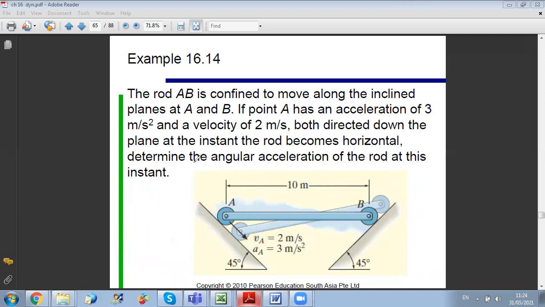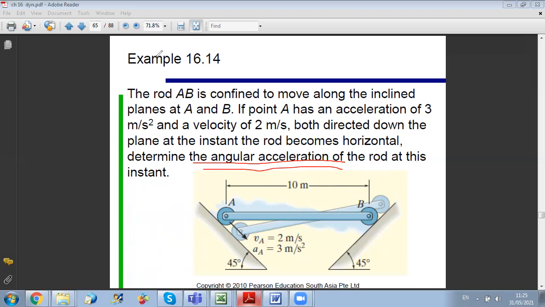Now we will move to determine the angular acceleration of the rod. So always, even if they don't ask you for omega, you cannot calculate the angular acceleration without passing by omega before, because in the acceleration vectorial relation, you have omega. Okay? So let us see what we should do.